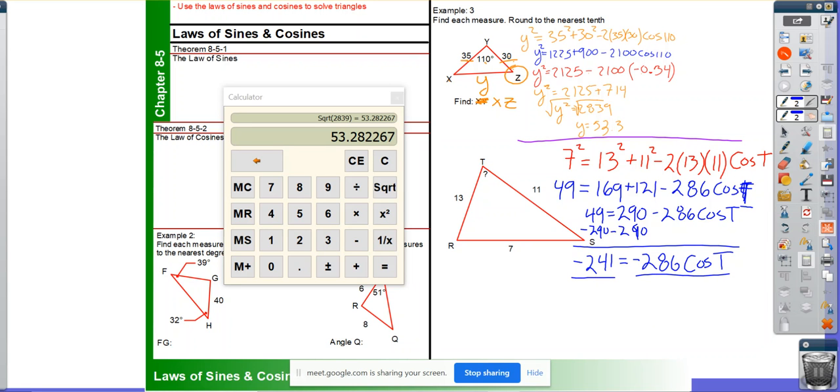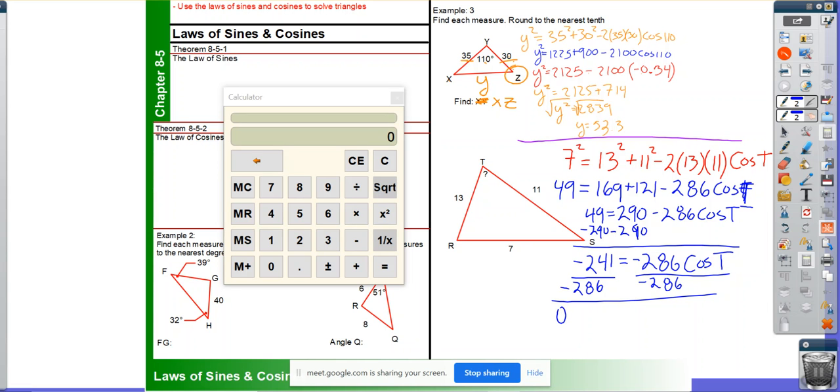Okay, I actually got a number. So when we divide this, what do we get? 0.8426.